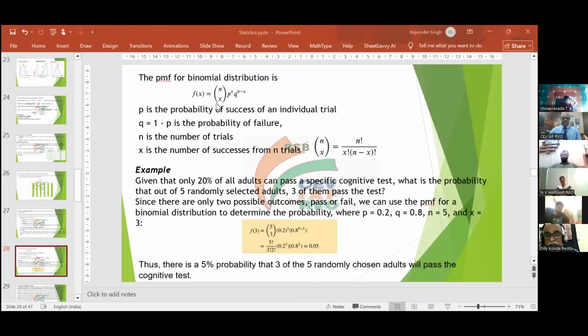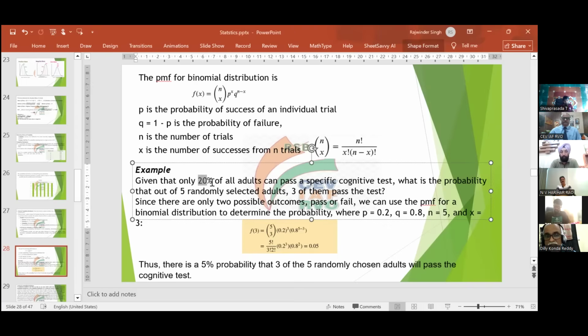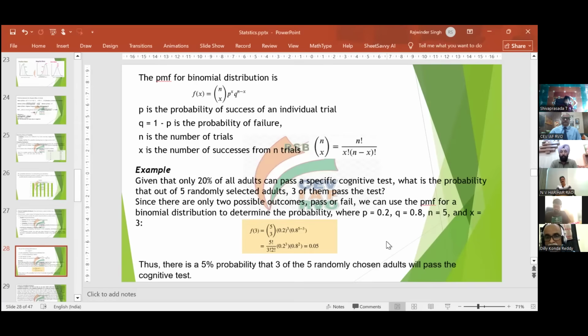The probability p is 0.2, q is 1 minus p, that is 0.8, n is equal to 5, and x equals 3.